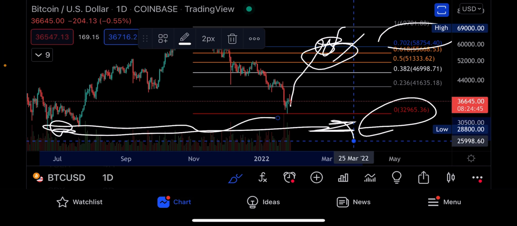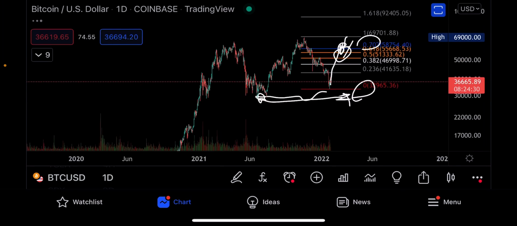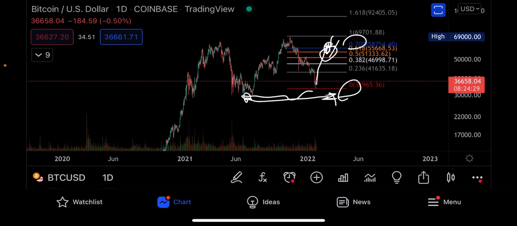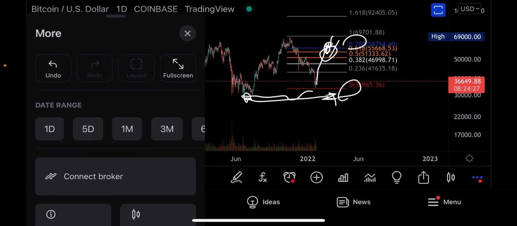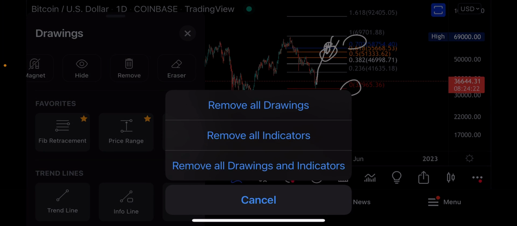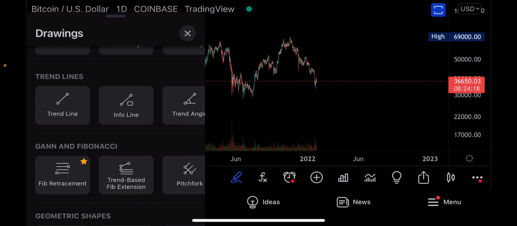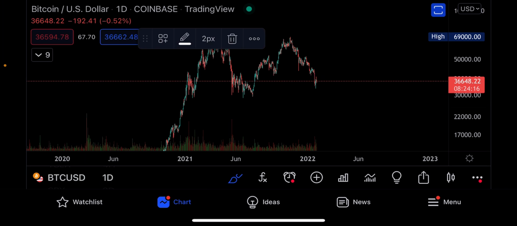Now, in the expanded flat or the running flat, I hate that I should have looked it up before I got in here, but it's one of those two. You can look it up for yourselves. But in one of those scenarios, you do see price inside this channel here. Let me go ahead and get rid of these drawings so we can see. Now I'm just going to draw it quick.